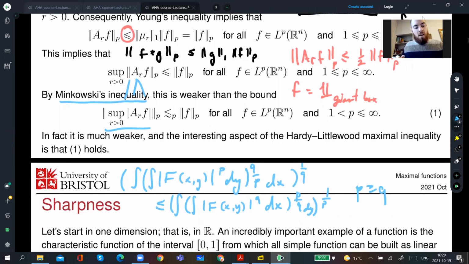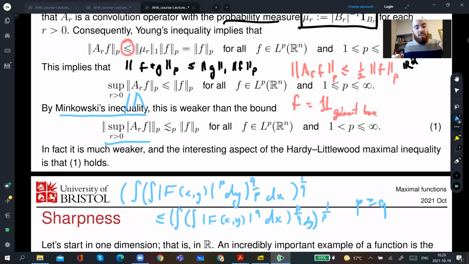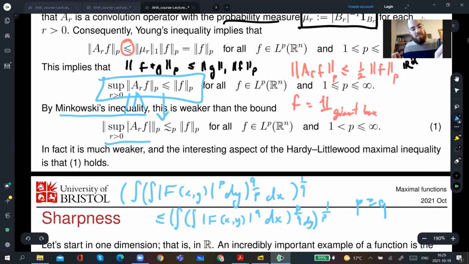So not Minkowski, the Hardy-Littlewood-Wiener theorem is really saying that we get a weak version of this theorem when you move the sup inside. The weak part comes in because there's some constant here that we haven't made explicit yet, but you still get the LP boundedness.